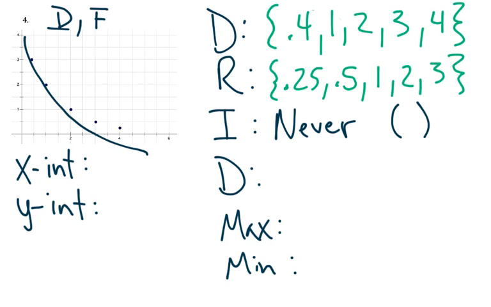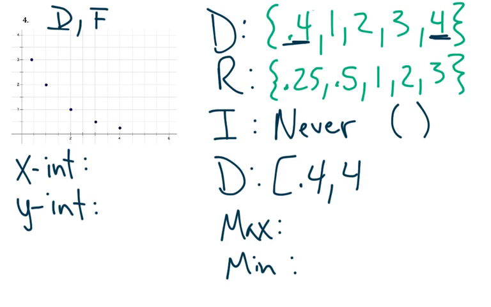When is it decreasing? Well, here we can use the interval notation. Okay, because it is going down, so we would just go from our lowest 0.4 to the highest 4. That's where it's decreasing. That's the domain in interval form. Now, max and min.